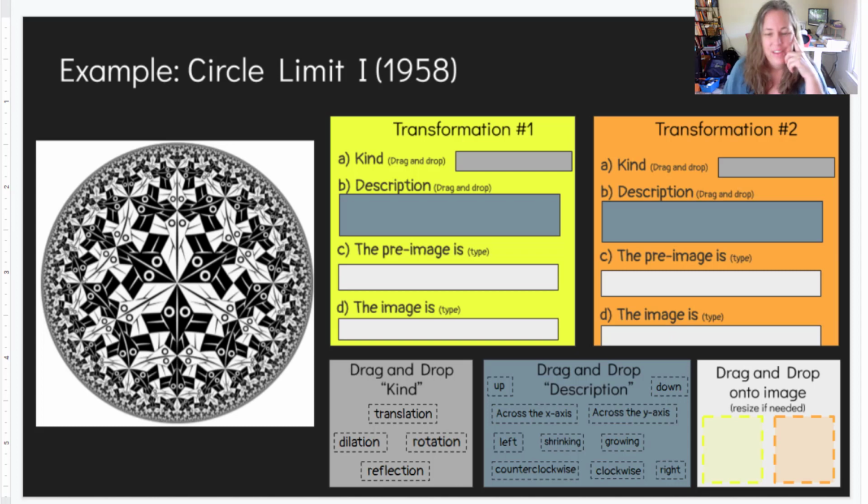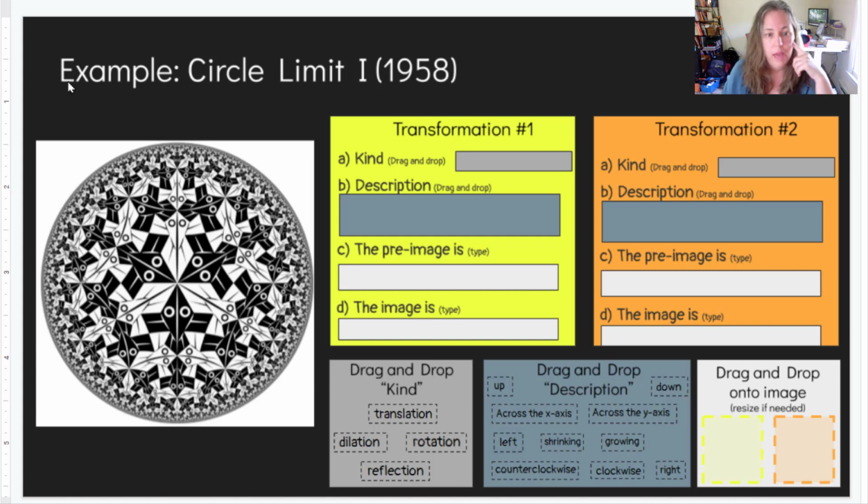Hi guys, so here are the directions on how to do the MC Escher and transformations activity. The slides that you see after this direction slide are all going to look like the slide that's on my screen right now.